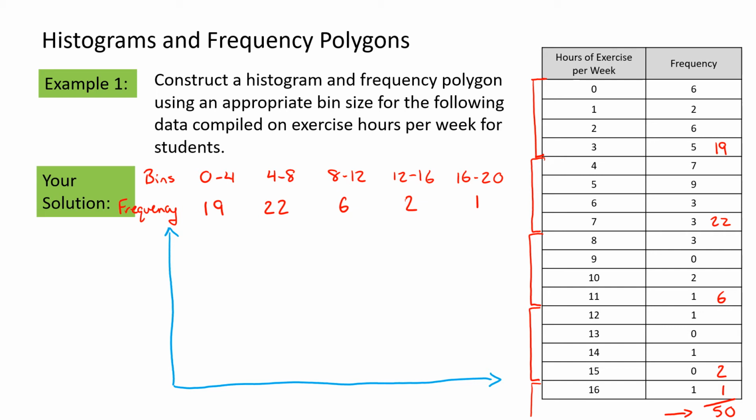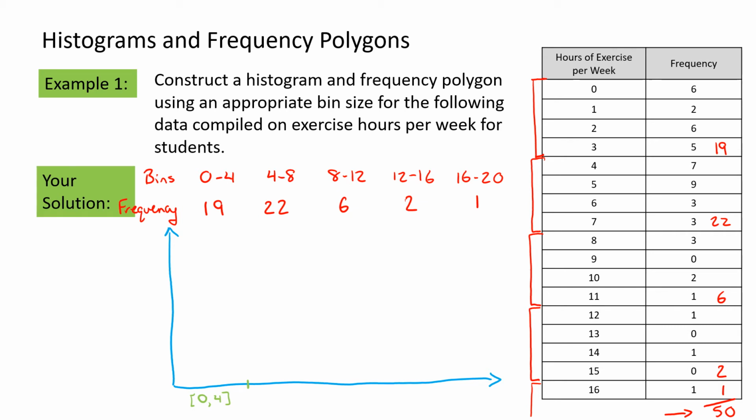So on our x-axis, I'm just going to write our bin widths. So 0 to 4, okay, or if you're in Excel or in other software, you might see 0, 4 with square brackets. Either way you write it is acceptable to me. 4 to 8.